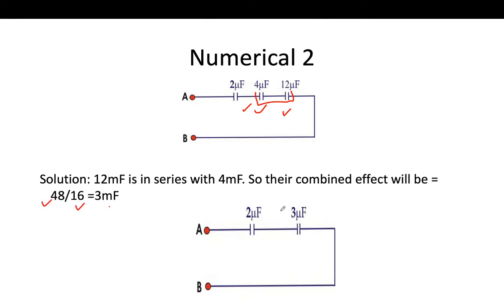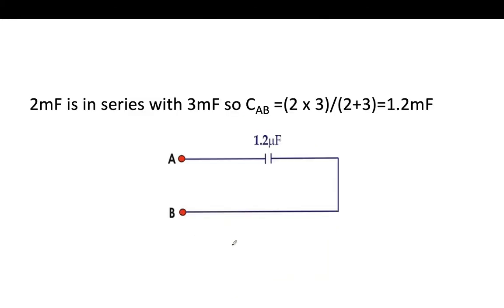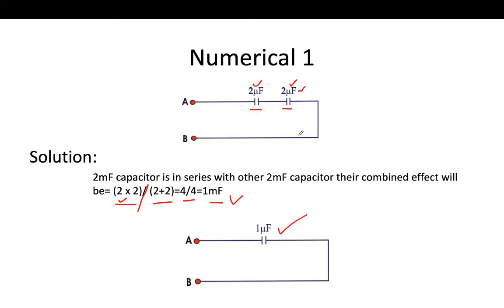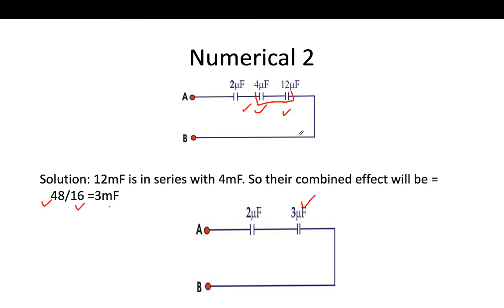So the combined effect is 3 microfarad. Now we have 3 and 2, we will solve that. 6 divided by 5, that is 1.2 microfarad. So this is simple. We take the reciprocal of the values of the capacitors to find the final capacitance.